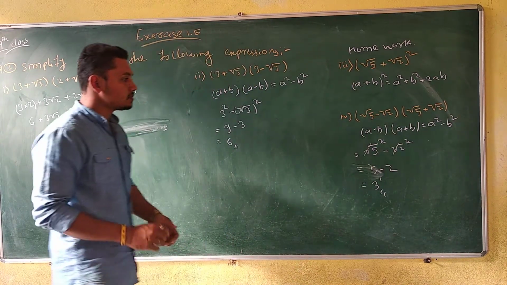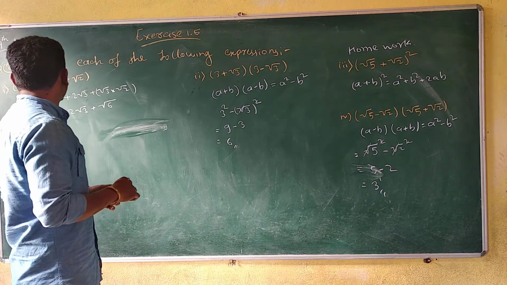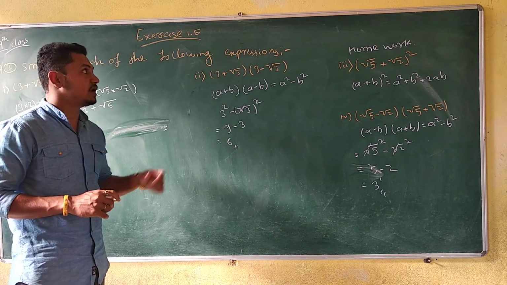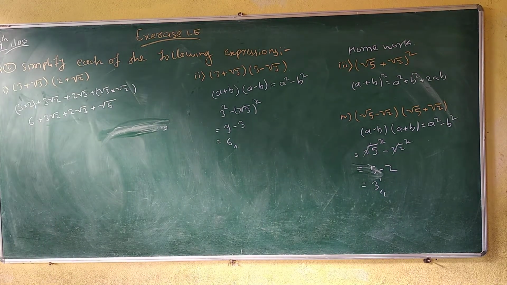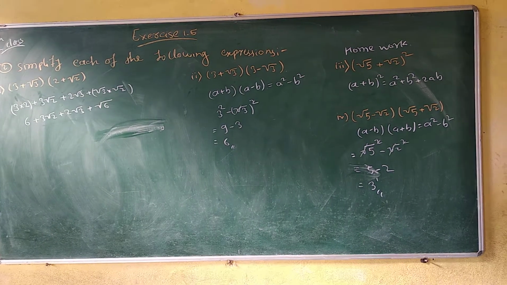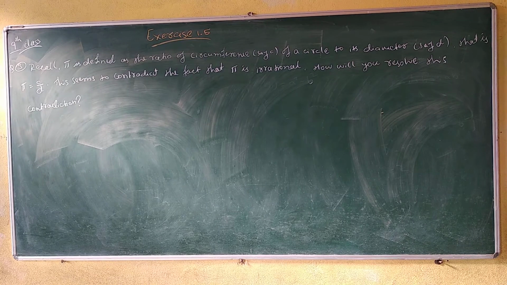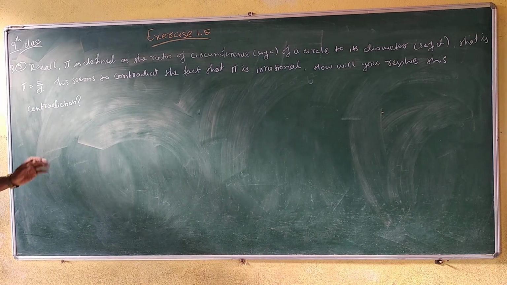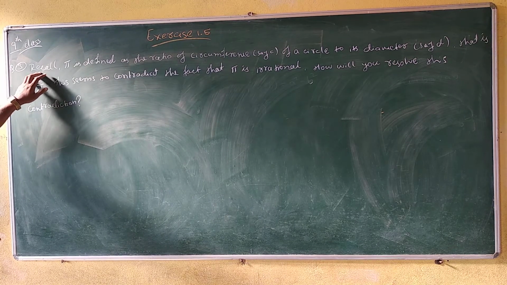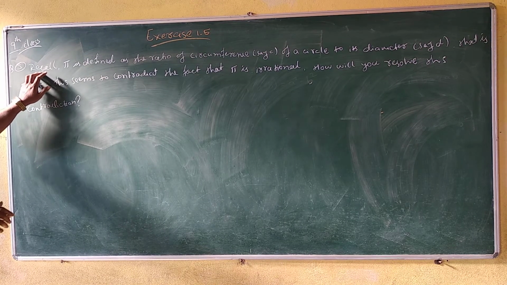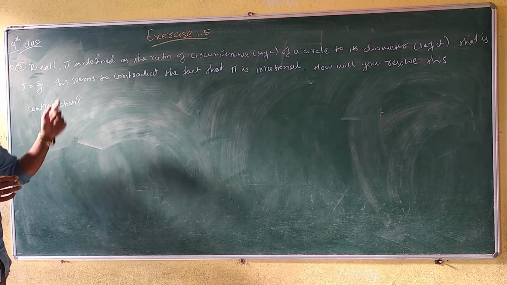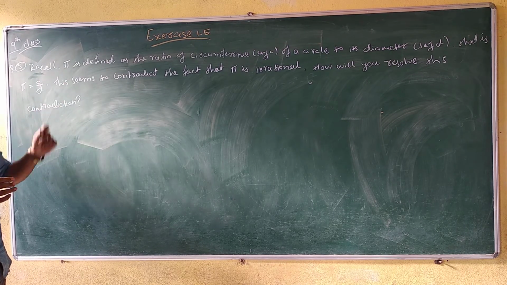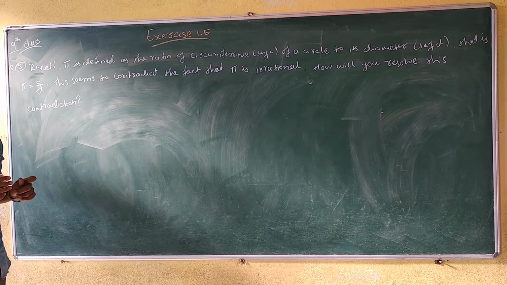So now we have discussed question number 3 in exercise number 1.5. See here, this is question number 3. First we have to read. They say recall, which means you already know about the value of pi. You already know the concept of pi from your previous classes.